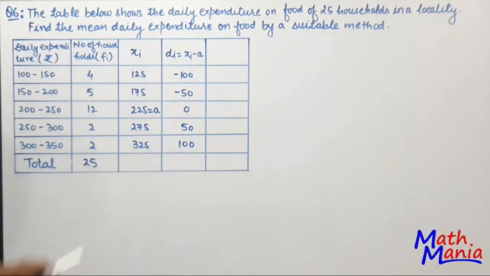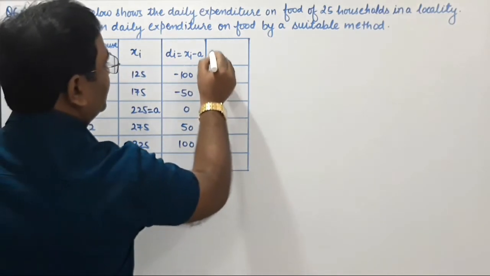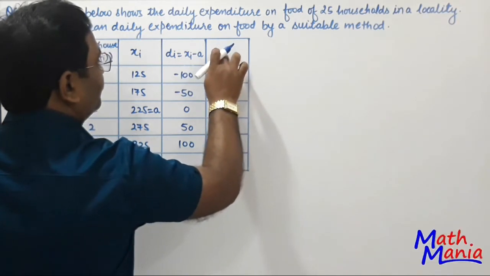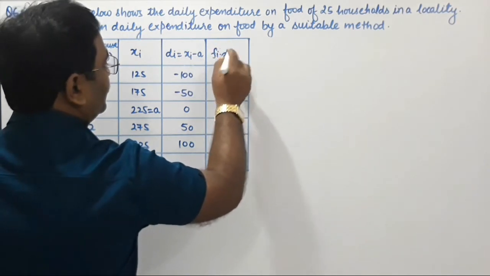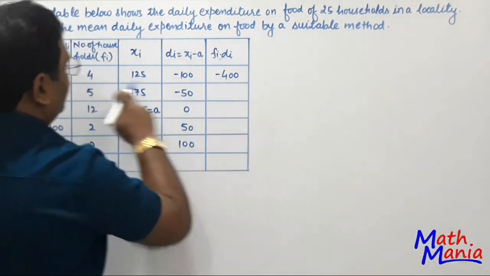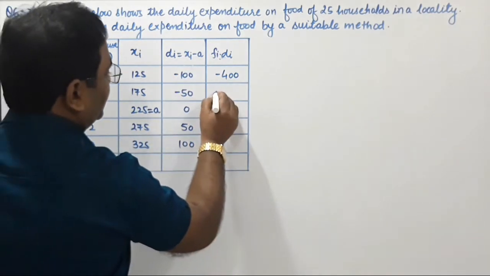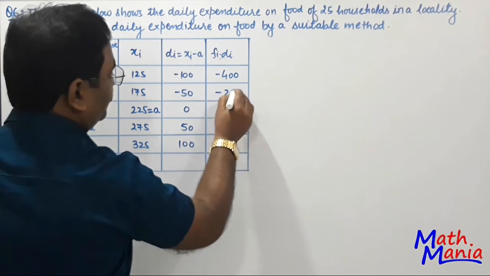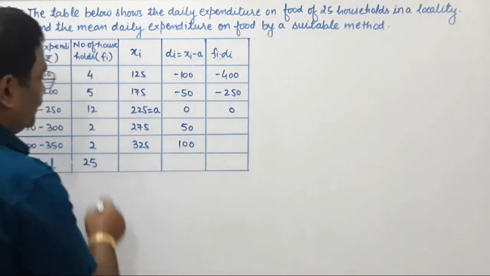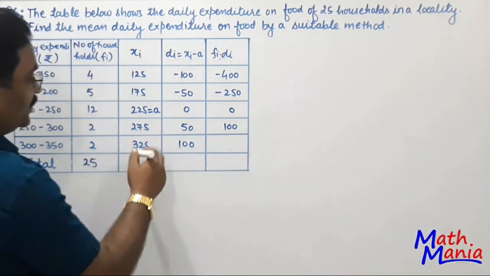Let's multiply the columns Fi into di. 4 multiplied by minus 100 is minus 400. 5 multiplied by minus 50, 5 5s are 25, so minus 250. 12 multiplied by 0 is 0. 2 into 50 is 100 and 2 into 100 is 200.